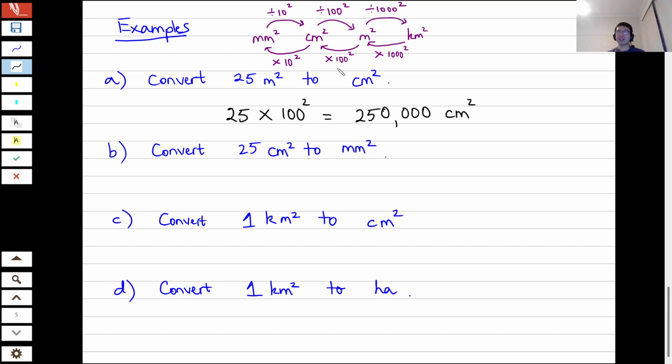Okay, second example. Let's say I wanted to go from square centimeters to square millimeters. To do this calculation, I need to multiply by 10 squared, which is the same as 100. So 25 times 100 is going to give us 2,500 square millimeters.